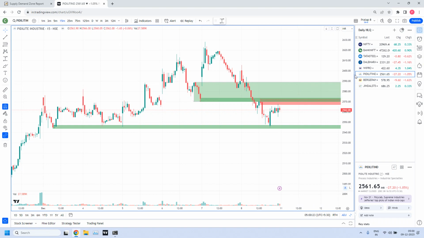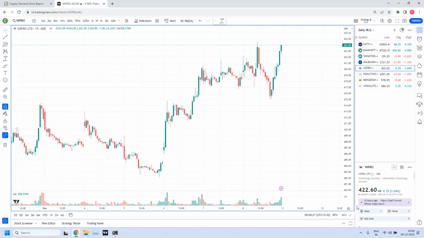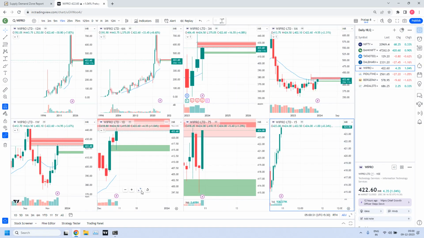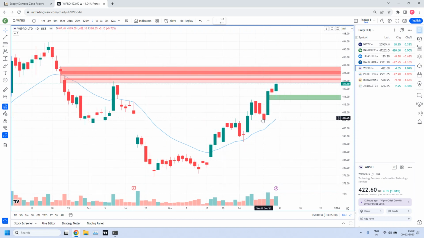Let us look into the stock of Wipro and I will explain. So Wipro is on the daily time frame, if I am not wrong. Yes, we have a daily supply zone. Prices already entered this zone once, and today it has entered the zone again.